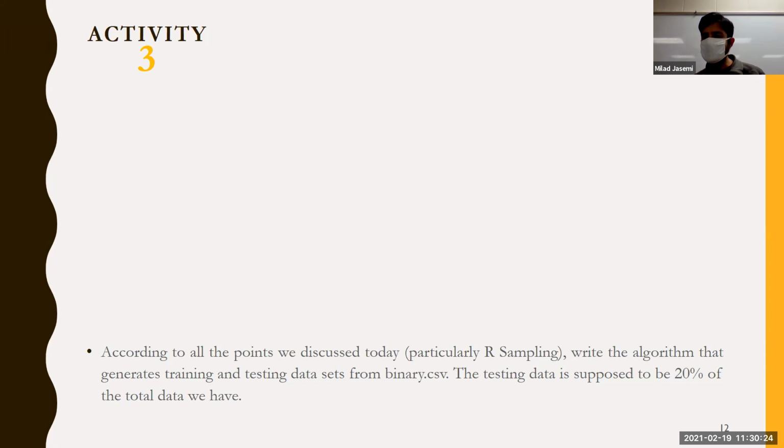You may ask, is it possible to give the first 80% of the data, that is 320 cases, to the training data and the rest to the testing data? No, it's not possible. It absolutely must be random selection.